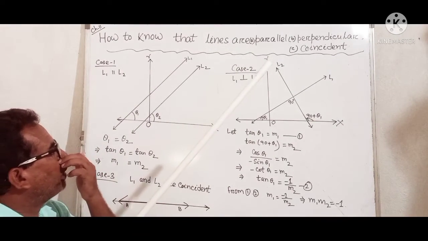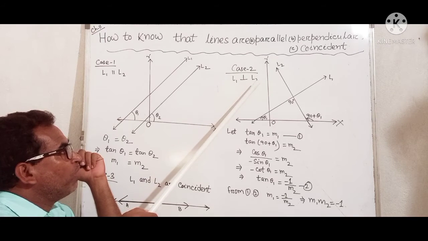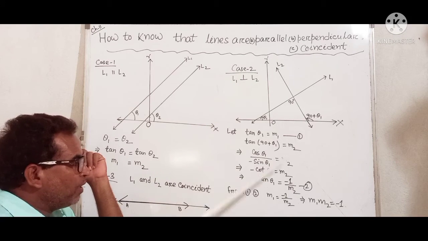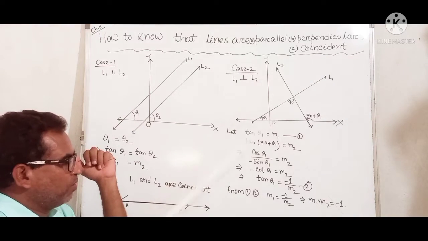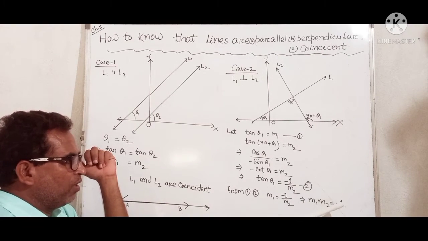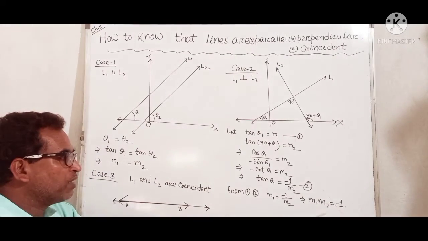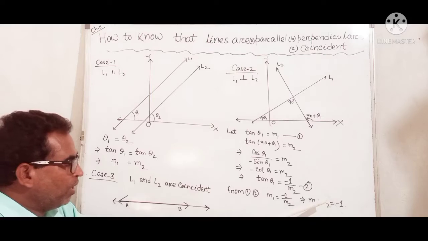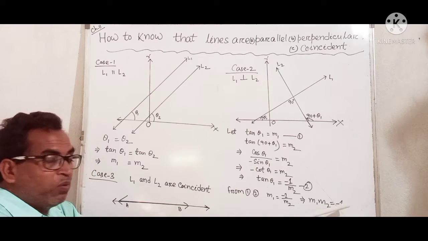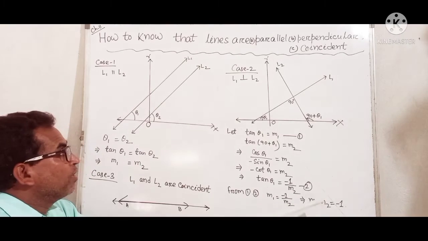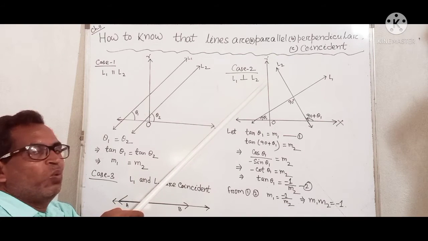So we found that if L1 is perpendicular to L2, then the product of slopes of the two lines is equal to minus 1. Its converse statement: if the product of slopes of two lines is equal to minus 1, then L1 will be perpendicular to L2.